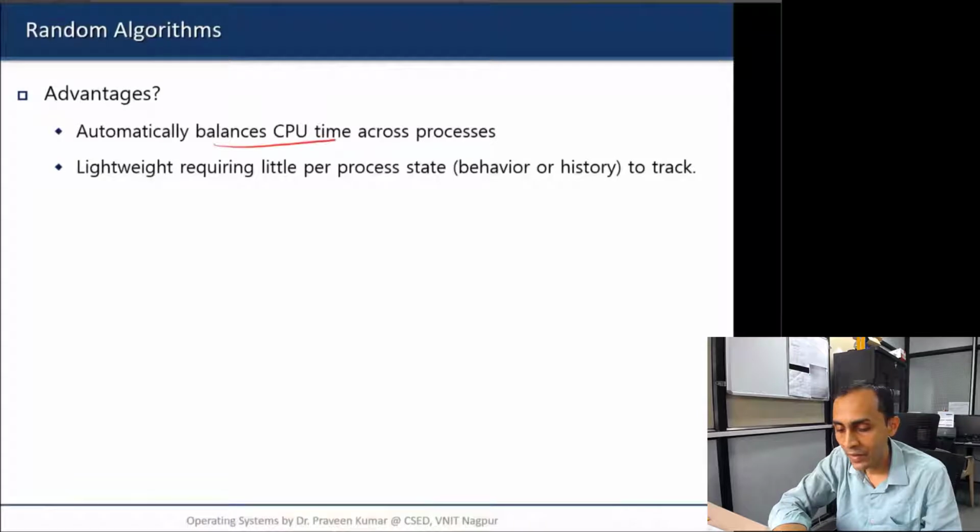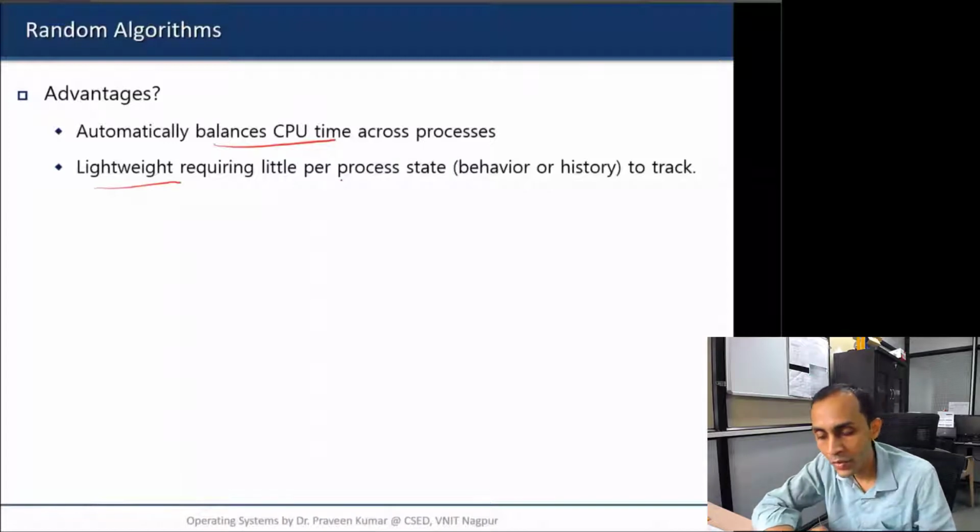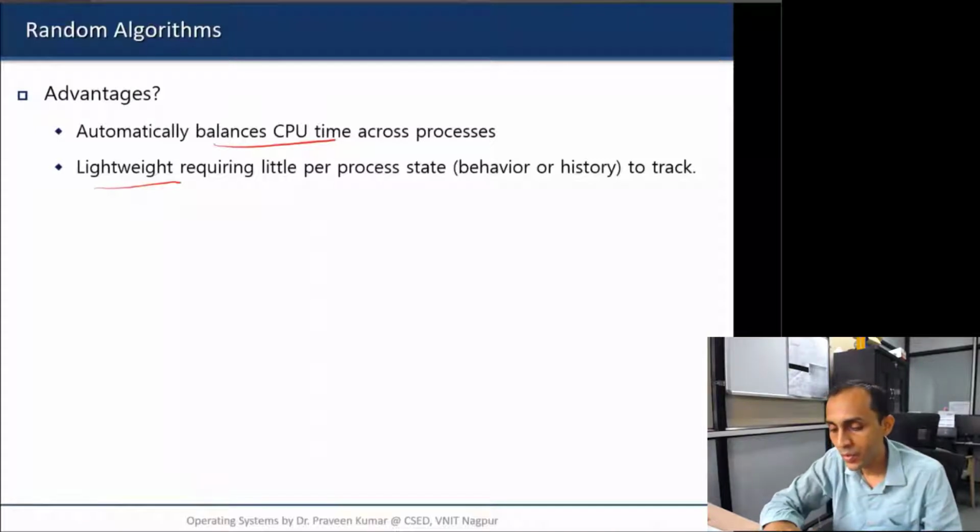And it is lightweight, and does not require storing anything about the process, unlike MLFQ scheduling, where we need to keep track of how the process has behaved in the past. Here we don't need to store anything about its past history or its current state. You are not storing anything about the process. You're just picking a random number and checking which process has that random number. So it is also very easy to implement.